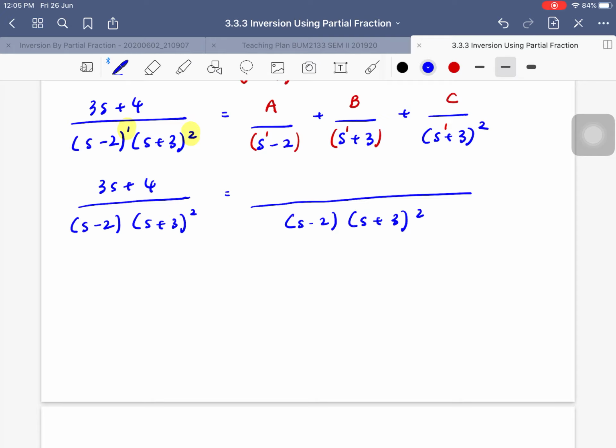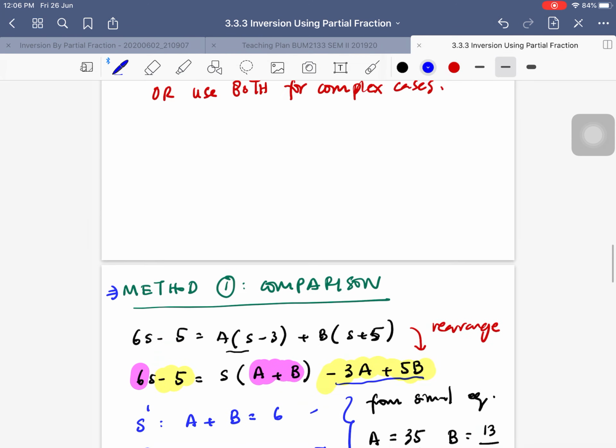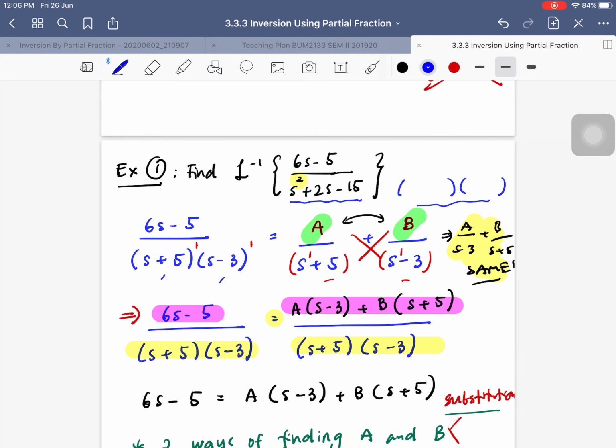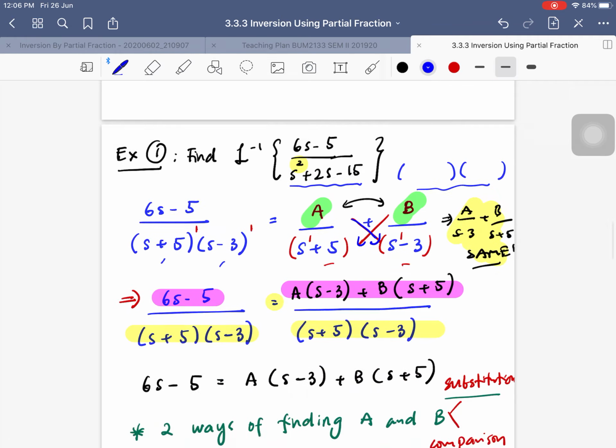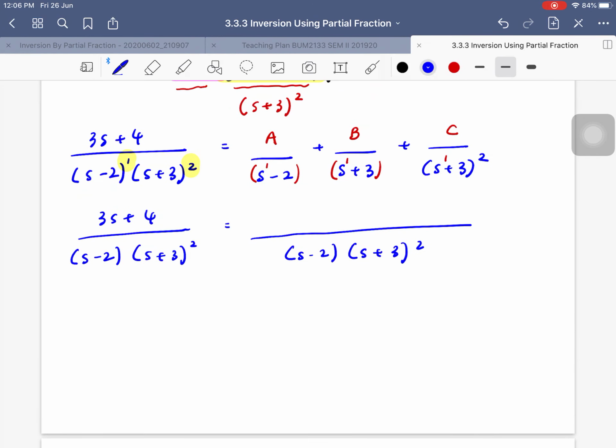Please bear in mind that it is not always a case of cross multiplication. For the previous example, yes, it was cross multiplication because there were only 2 fractions. So A is multiplied by this, B is multiplied by that in order to make the denominators equal. But that is not always the case, especially when you have 3 or 4 fractions and so on. Okay, let me give you the idea.